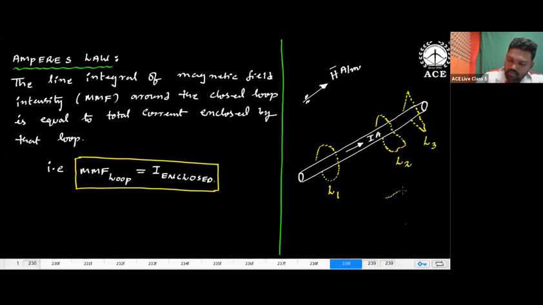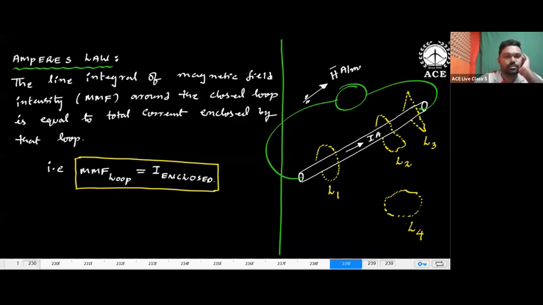And here it is the loop 4. So what is this loop 1, loop 2, loop 3? They are enclosing the current carrying conductor. And loop 4 is not enclosing any current carrying conductor. And one more point, beta, the current can't flow simply in a wire kept in the air like that. It is understood that it is connected to the source. That I am not showing.